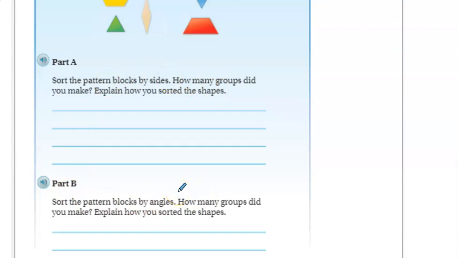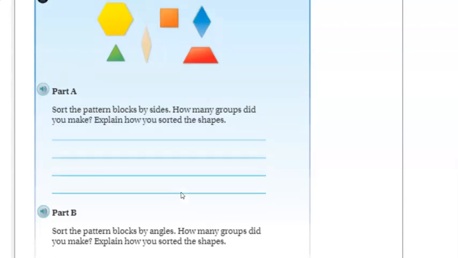I sorted the shapes by whether they had an angle that was greater than a right angle, and then triangles and squares that do not have angles that were greater than a right angle. So I did mine with greater than or right angles.